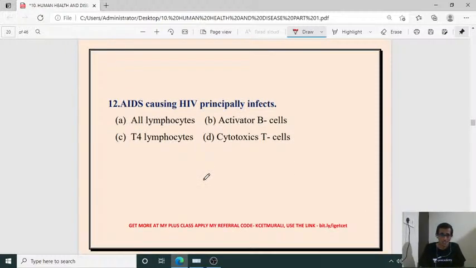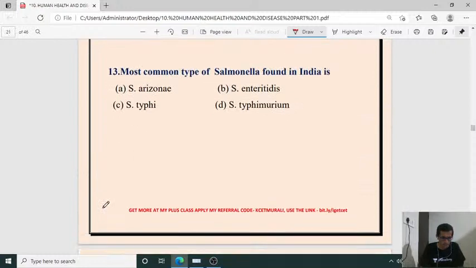Then AIDS-causing HIV principally infects what? The options are all lymphocytes, activator B cells, cytotoxic T cells and T4 lymphocytes. It is the T4 lymphocyte. Then the next question, number 13. The most important type of Salmonella found in India is going to cause which disease?